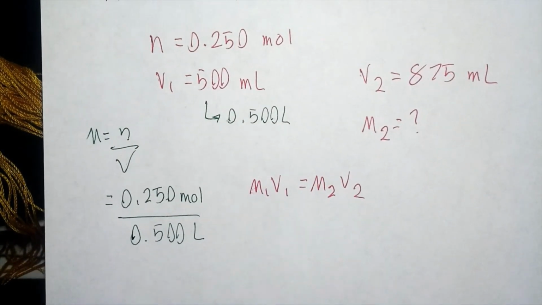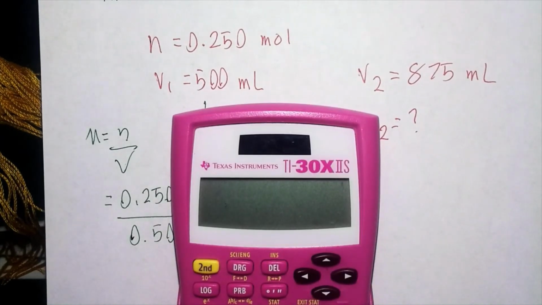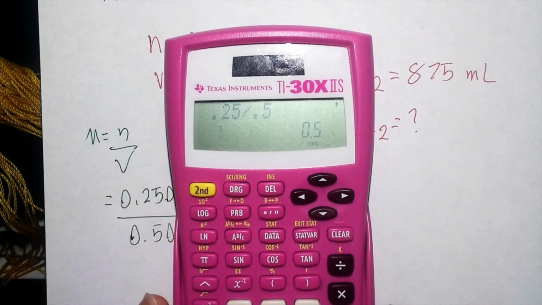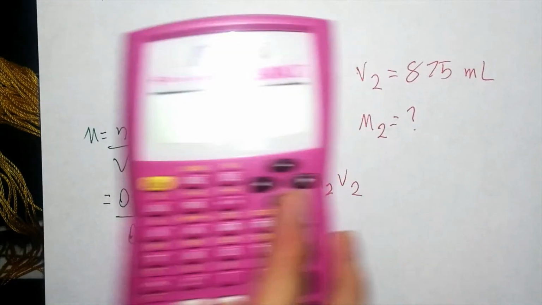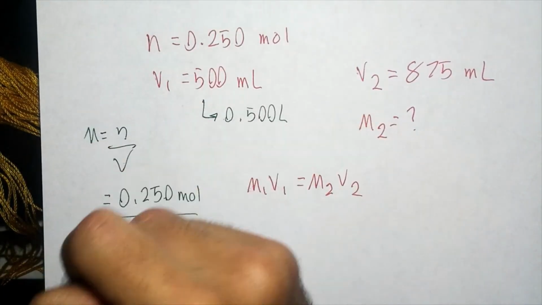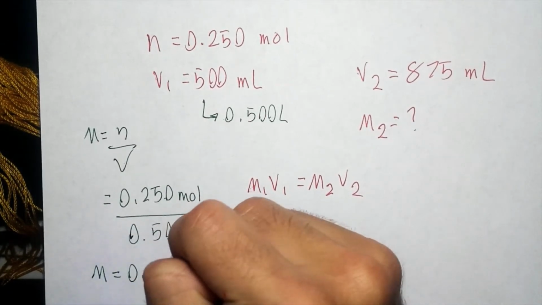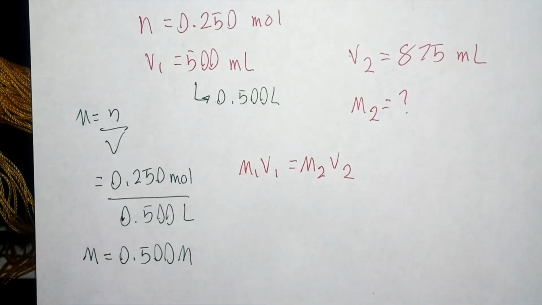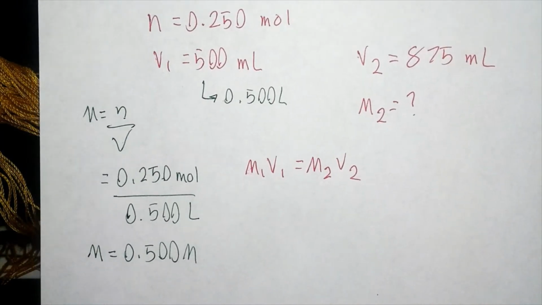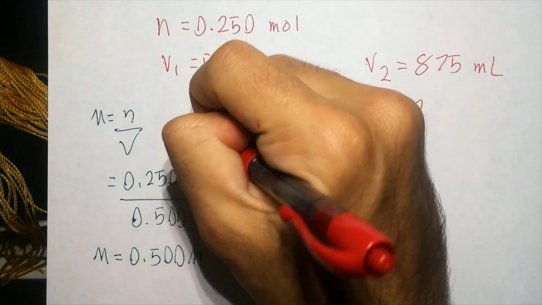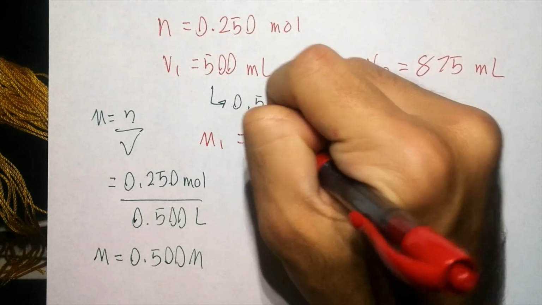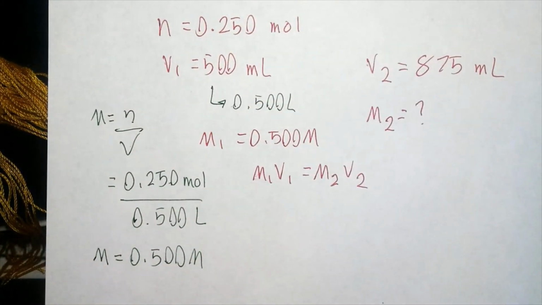Plug that value in. So 0.25 divided by 0.5, and you get an answer of 0.5 molar. Now I can go ahead and add that to the list of things that I have. So now I know that M1 is equal to 0.500 molar.